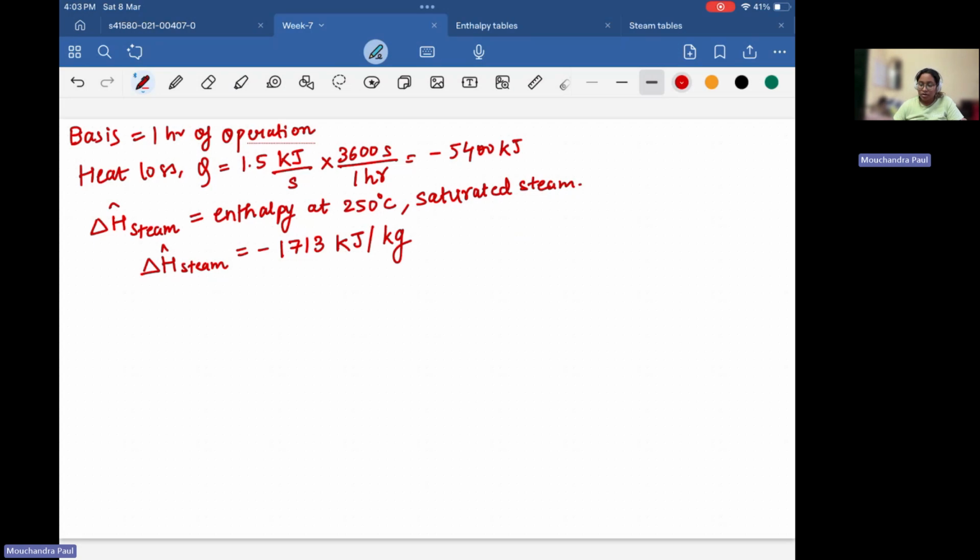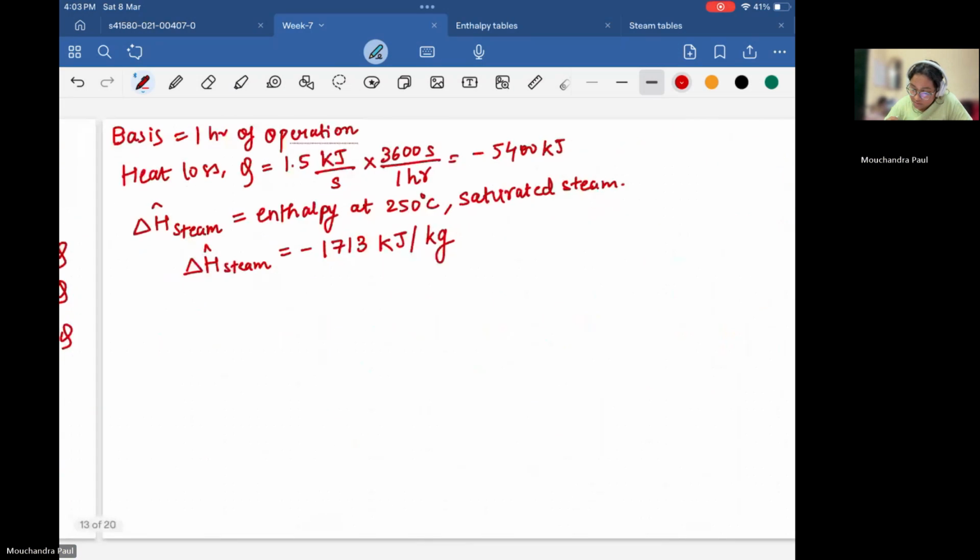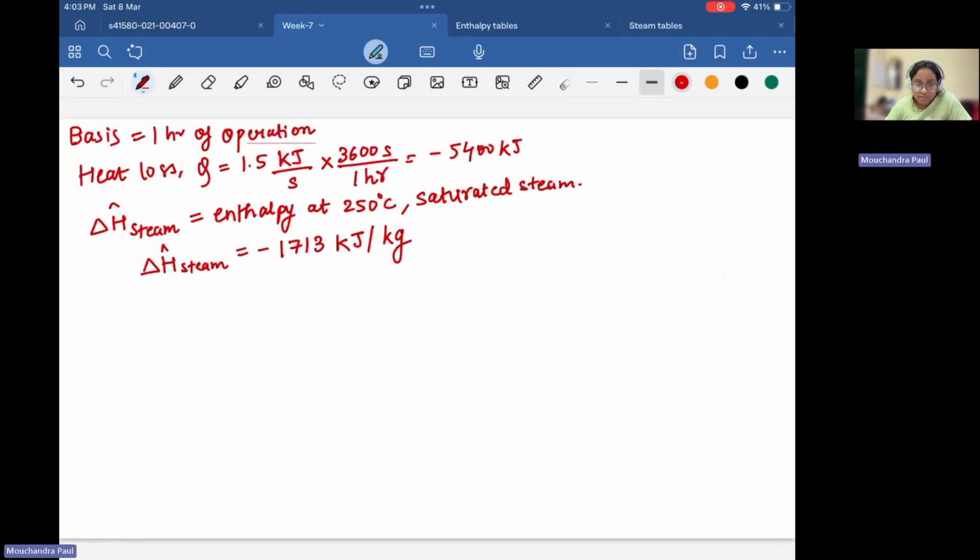Okay. Now, if you look at the material, what is the net enthalpy change? So we are considering the enthalpy for the material.